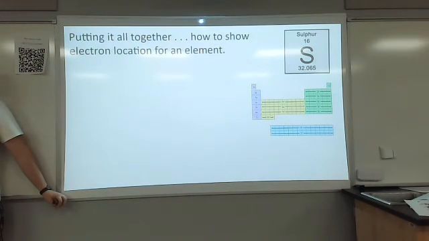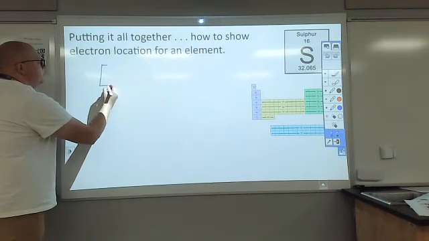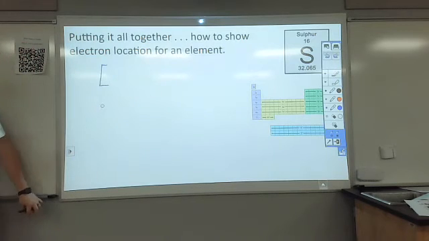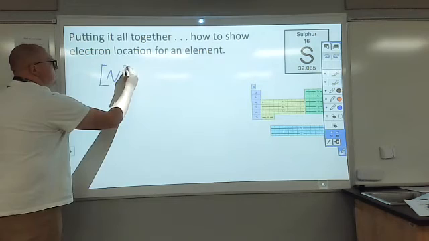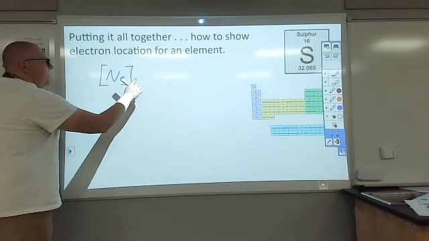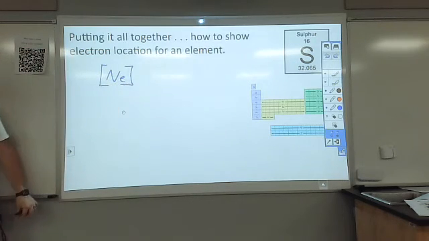So for example, if I'm filling up aluminum, find aluminum. Everybody find aluminum? Yes. Okay, what is the biggest noble gas, the biggest group 18 element smaller than aluminum? It'd be neon, right? So typically what chemists will do is instead of putting all the electron configuration up to neon, they'll just put that, and then they'll start filling in after neon.